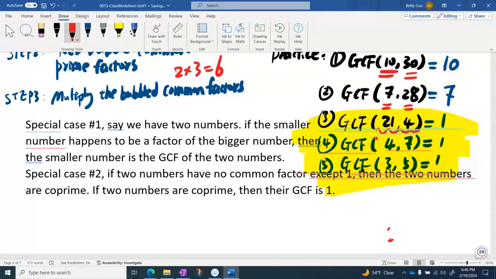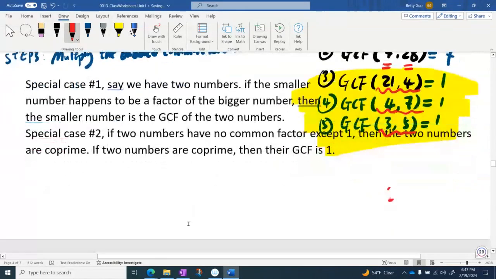But the two numbers are coprime. GCF is 1. And this question, 4 is a composite. 7 is a prime. One is a prime, the other is not. And turns out they are coprime. GCF is 1. And this question, 3 is prime, 5 is prime, and they are coprime. GCF is 1. So here I want to clarify a misunderstanding. I'm going to type here.